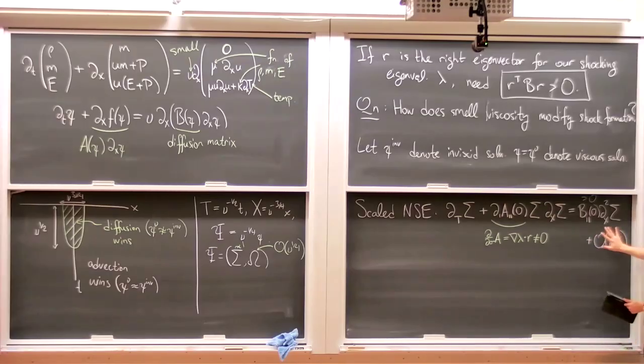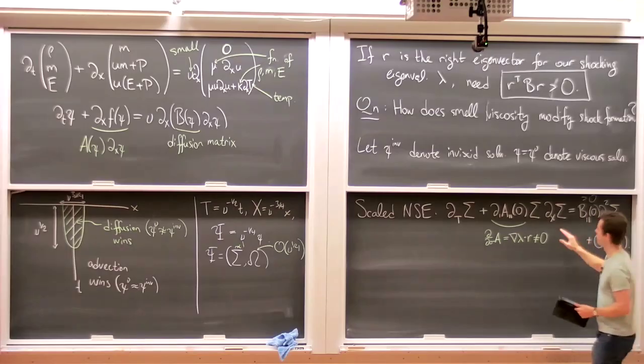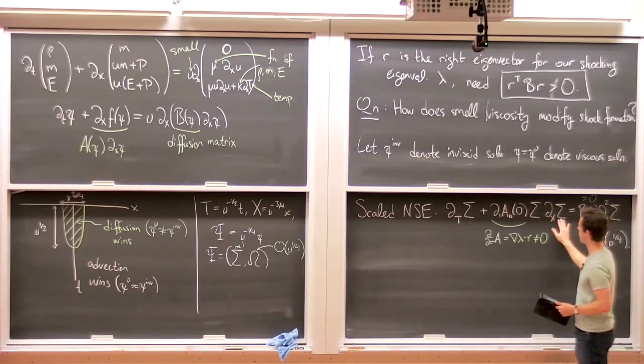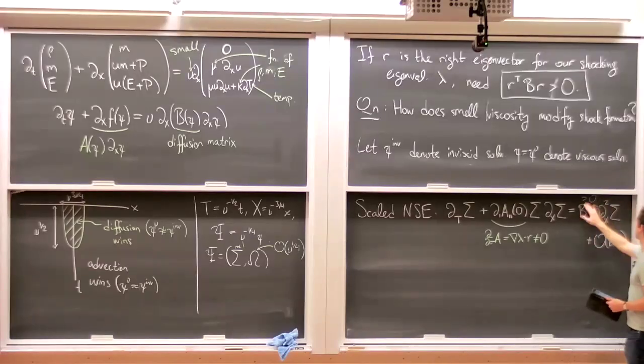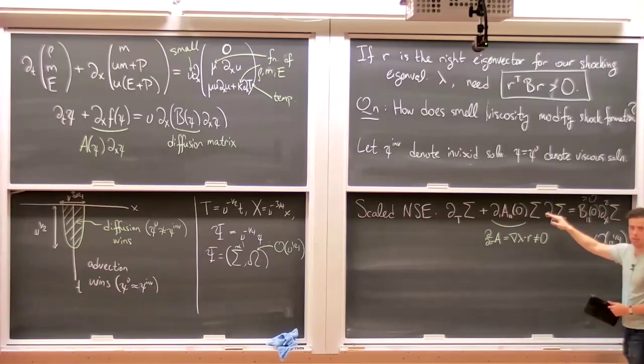So if I ignore the small error, what do I have here? I just have a scaled version of the viscous Burgers equation. Here we have the Burgers nonlinearity, and on the right side we have constant coefficient diffusion. And it's a scalar equation when I ignore the error, because I've reduced everything just to the leading behavior of the shocking component.